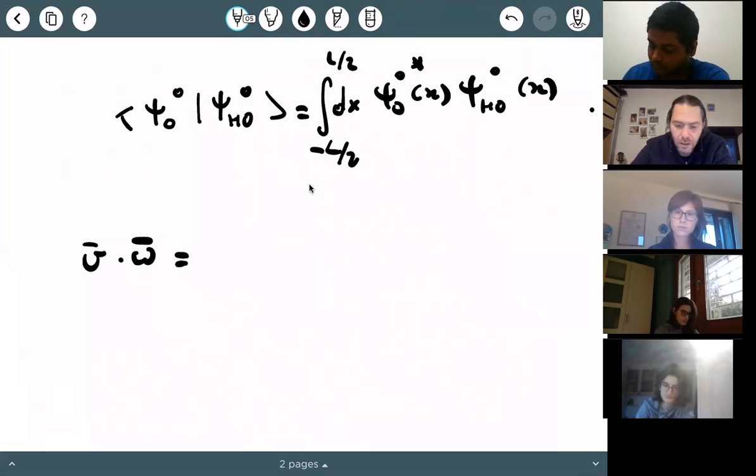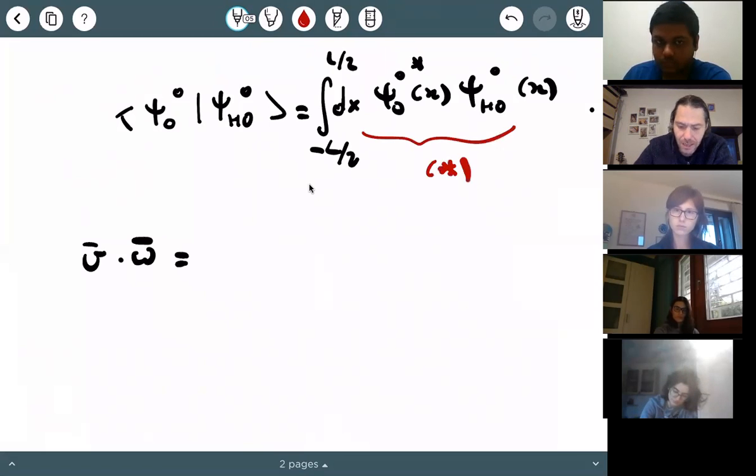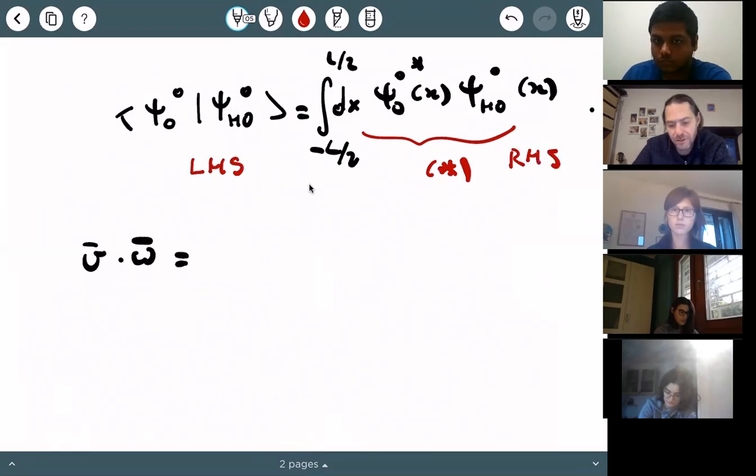If you wonder why it is so, I've discussed this in the lecture, but let me remind you why the left-hand side of this equation is equal to the right-hand side. To do that, I use the analogy with vectors in normal linear algebra.